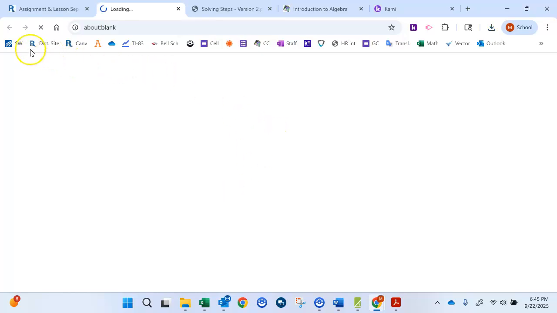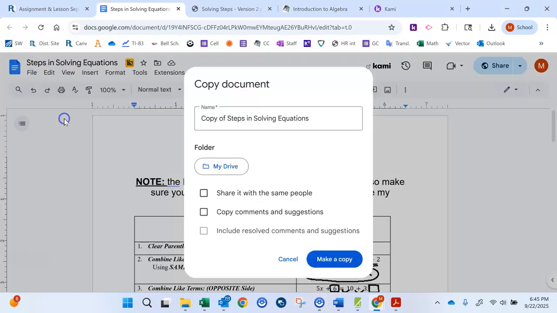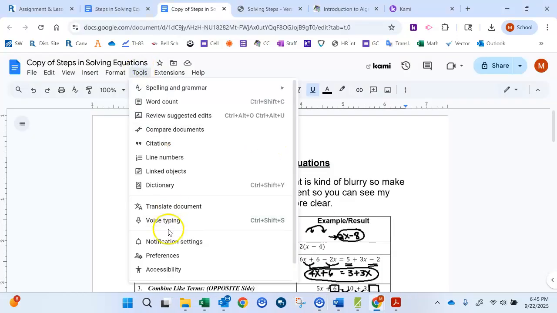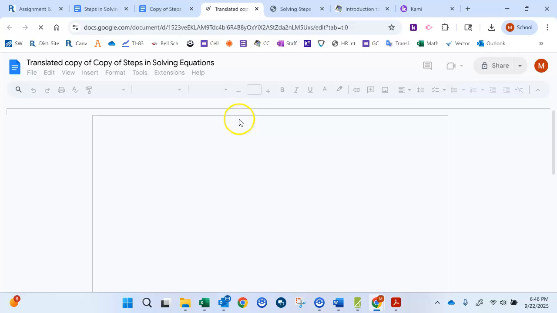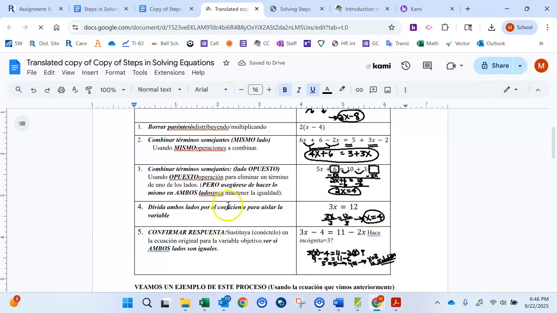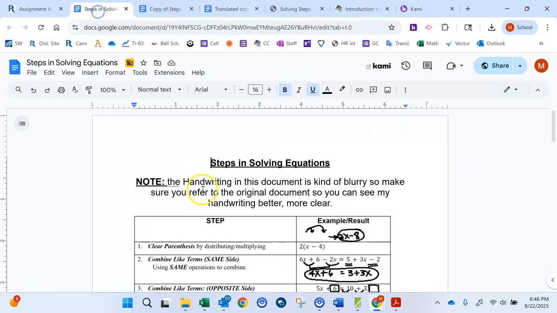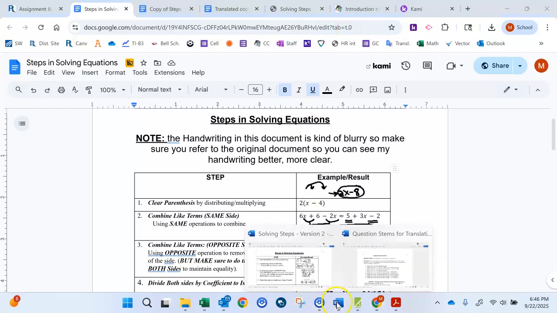And remember to make a copy so that you can translate it. So you go ahead and translate it, and let's just say you want to do Spanish. Translate. Hopefully everybody understands this process by now. So you got it in translation, all the different steps. So you can refer to this as I am going through these steps here in the process.